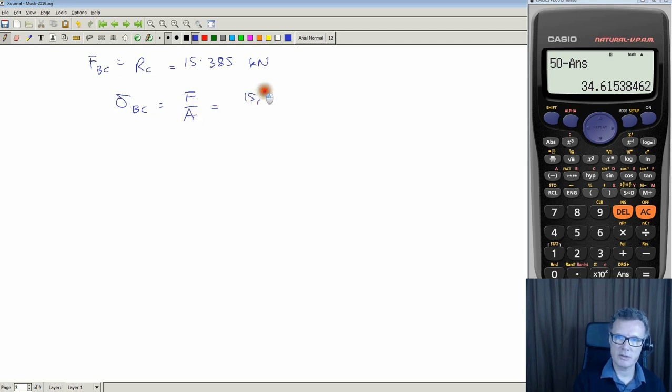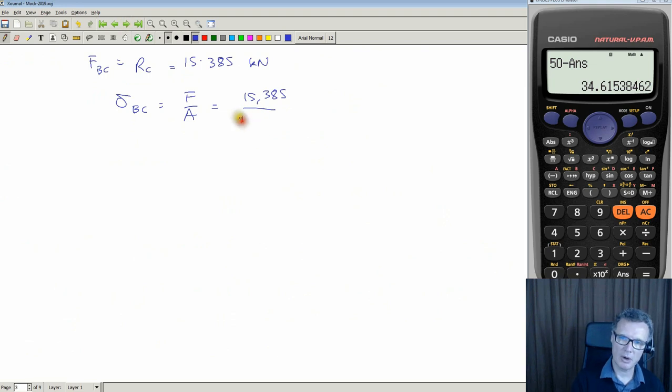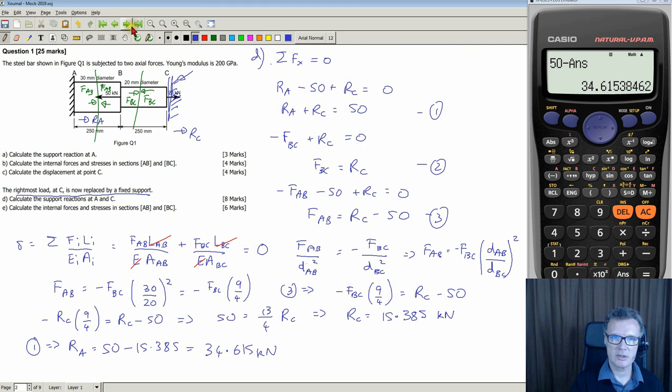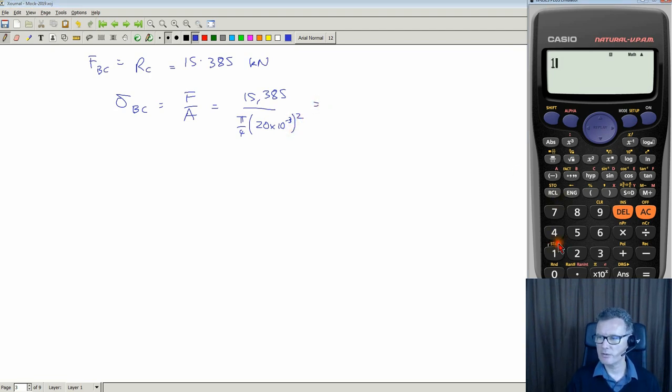So 15,385, and the stress for the BC section, it's the thinner one. That's pi/4, and it's 20 millimeters times 10 to the minus 3. Square it.